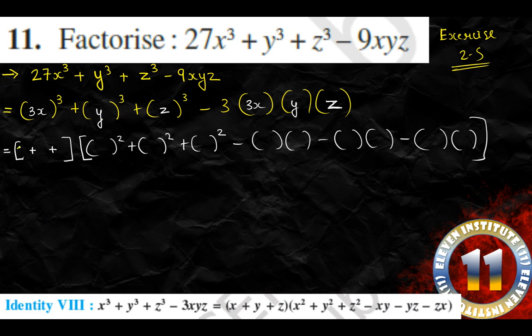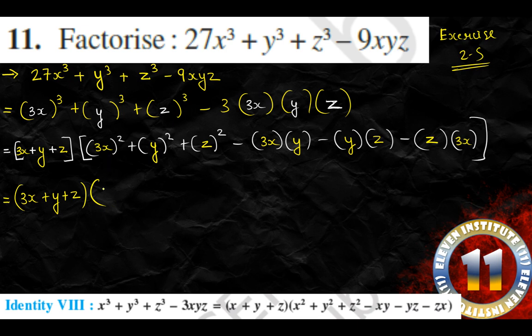So we will write them: 3x, y, z. Again I will write 3x, y, z. Now in the group of 2, so I will write 3x and y, and z and then z, and with z I will write the first term which is 3x. So the final answer will look like this: 3x plus y plus z, that will be multiplied over here.